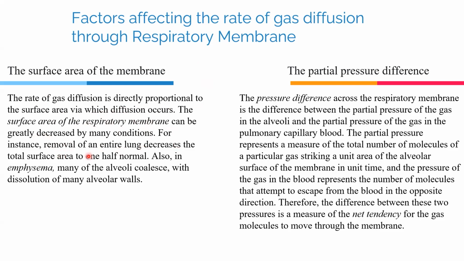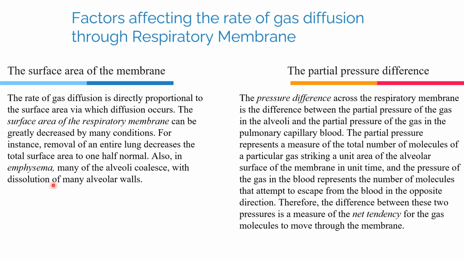For instance, removal of an entire lung decreases the total surface area to one half, which is obvious, because if we remove one of our two lungs, the entire surface area will decrease to half. And this in turn affects the surface area of the respiratory membrane that is available for diffusion and thus reduces the rate of overall diffusion.